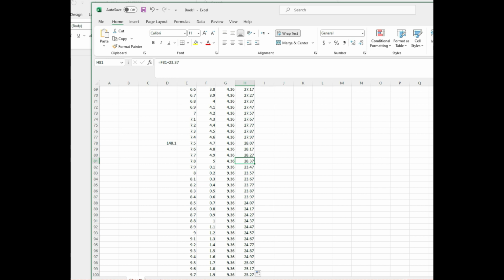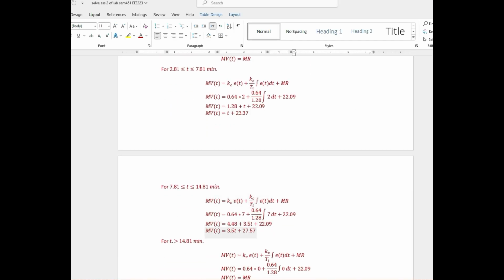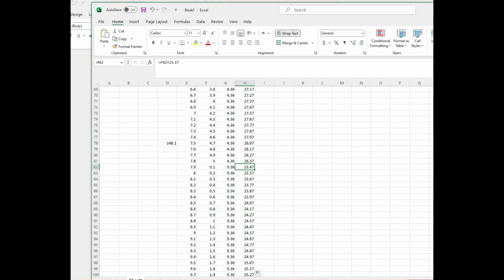Now we start to substitute for another value here. Let's take 30.5 multiplied by time plus 27.57. So this is my interval.